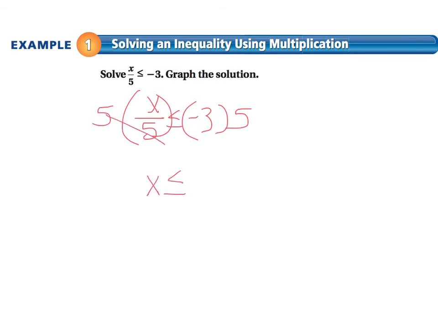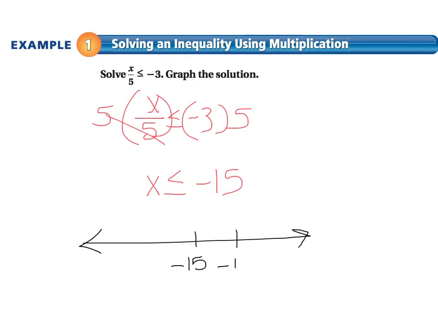You're left with x is less than or equal to negative 15. But now we graph this. So negative 15, negative 14, negative 16. We would have a closed circle since our solution could be negative 15, and anything less than negative 15, so we shade to the left. And yes, negative 16 is less than negative 15. And that would be my answer.